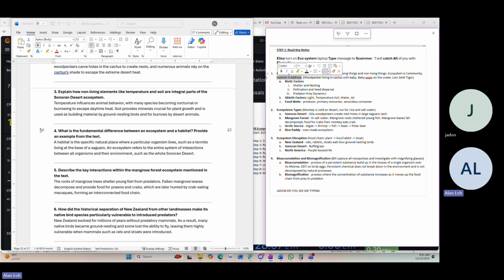Jaden, do you see habitat? Yes, that's habitat. So that is number 1. Don't worry if you get it wrong, it's okay. Just that you understand that there is a habitat keyword in drawer 1. Okay, then read this.